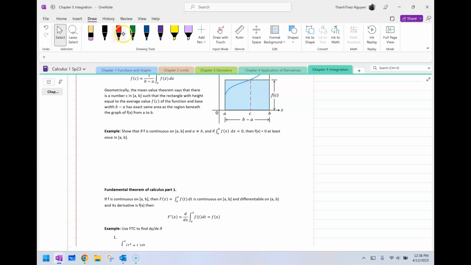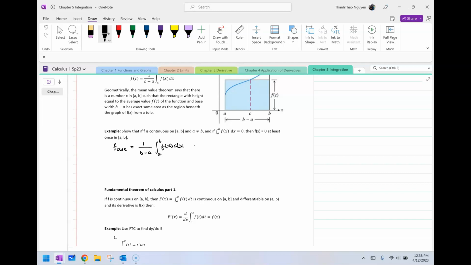We know from the previous section that f average, the average of the function, equals 1 over (b minus a) times the integral from a to b of f(x) dx.